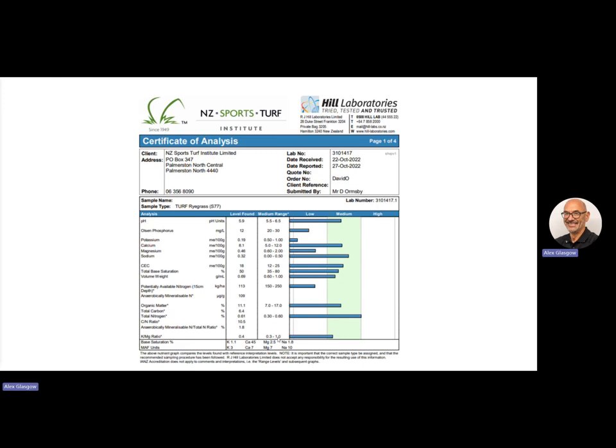Now, these are not different extractions or different tests. They are just results that are calculated from the extraction they do. So it's just a different way of expressing the results. And we will talk more about how you can use these different soil test result forms and how you can interpret them subsequently. But that's the key point there, is that they do one extraction, but then they can calculate the results in different forms.